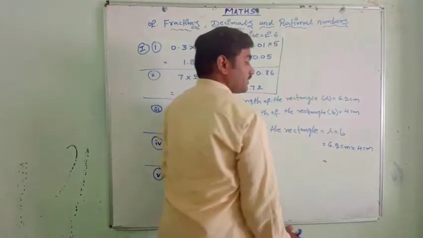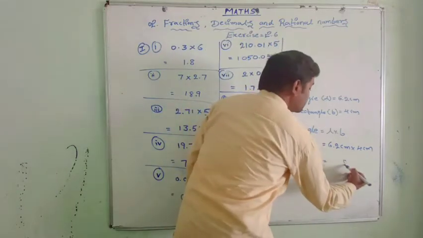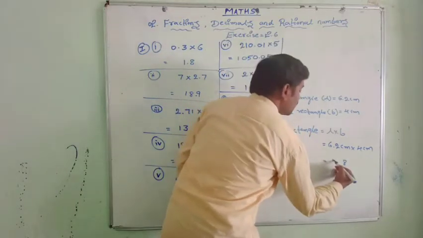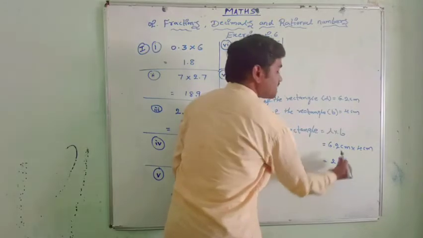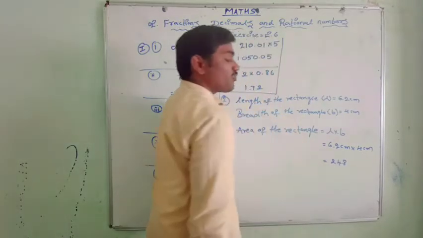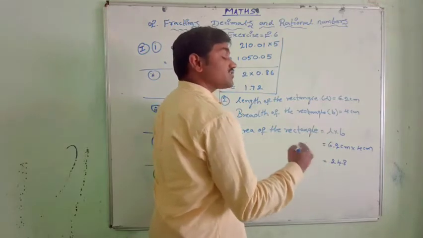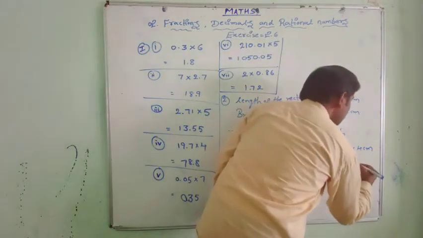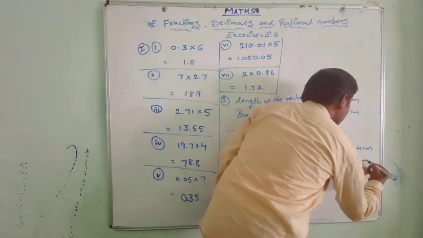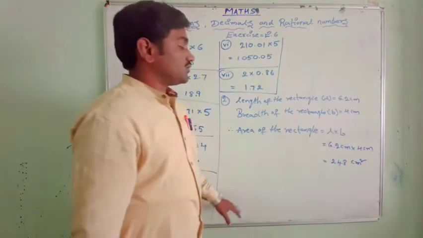Simple. Here 4 2s are 8, 4 6s are 24. How many decimal places are there? Only one. 24.8. What is 24.8? That is square centimeter, because centimeter into centimeter is centimeter square or square centimeter.